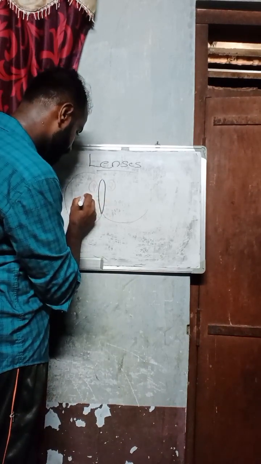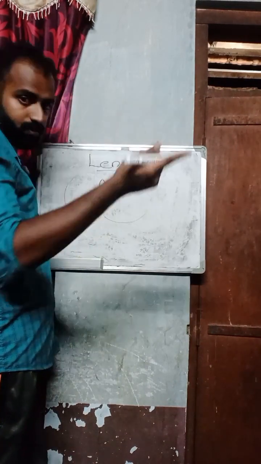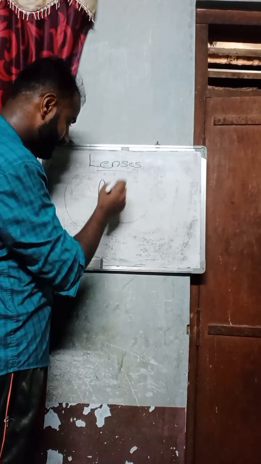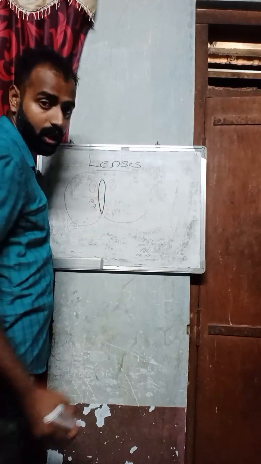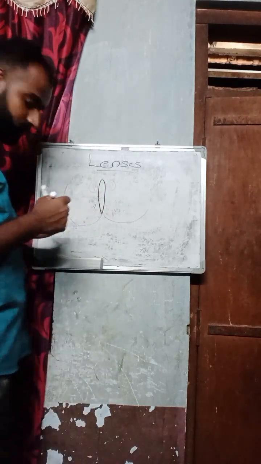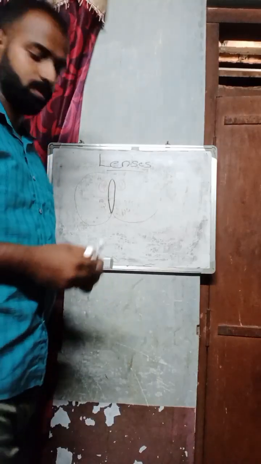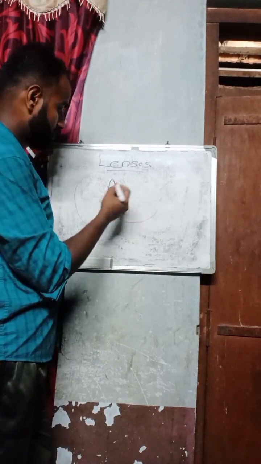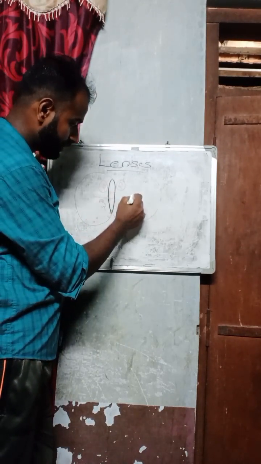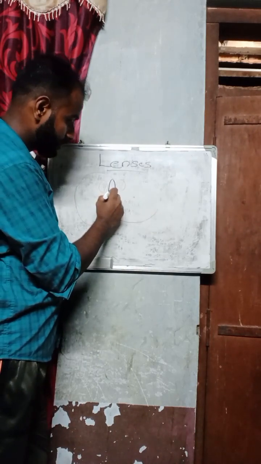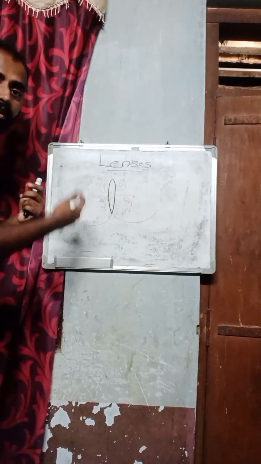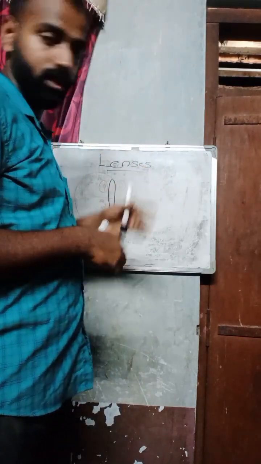From the center to the curved surface, this will be my radius of curvature of second surface. I would like to mention R2. This second surface is also part of a big sphere. So, this will be the center of the first surface. Then this distance will be my radius of curvature of first surface. This is R1 and R2.